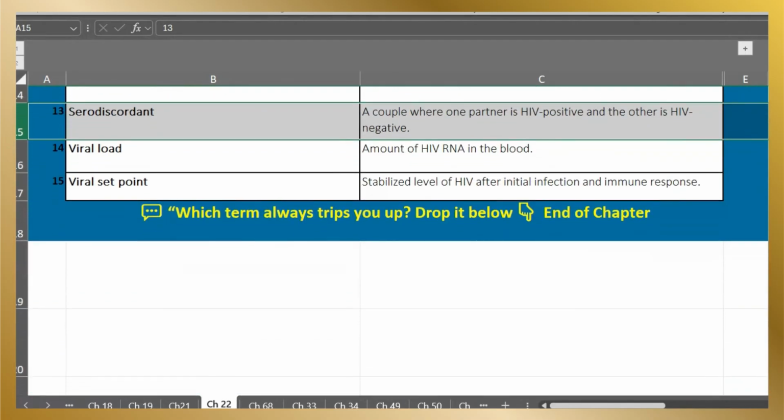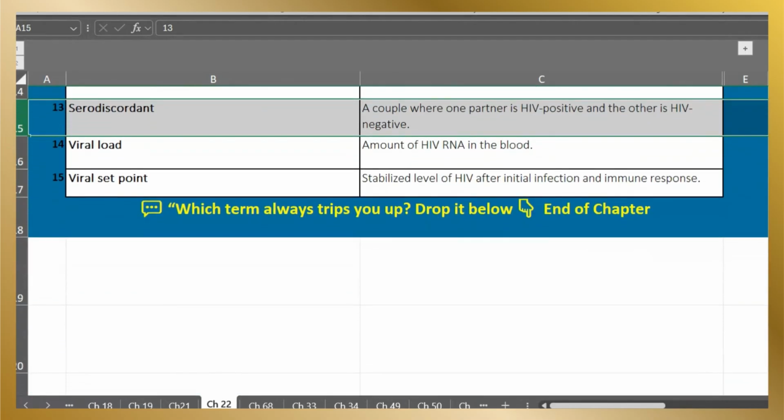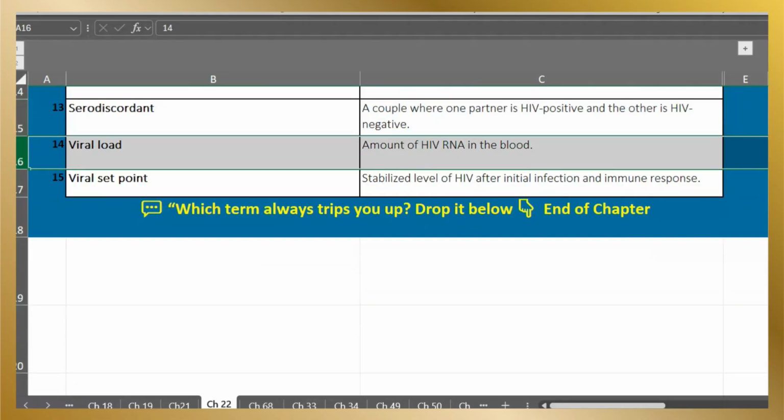And we go almost to the end. Viral load is the amount of HIV RNA in the blood. It is used to monitor ART effectiveness. The goal is to be undetectable, like less than 200 copies per mL, which also prevents transmission.